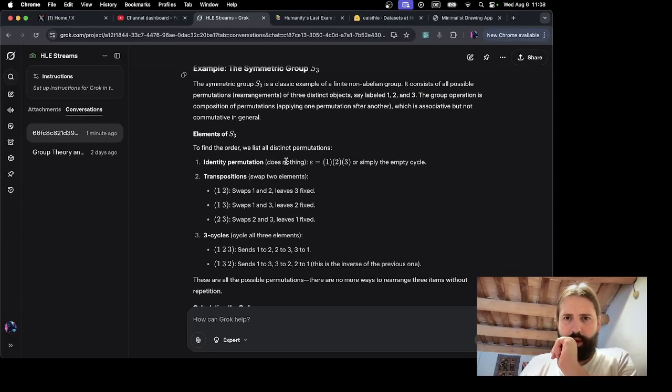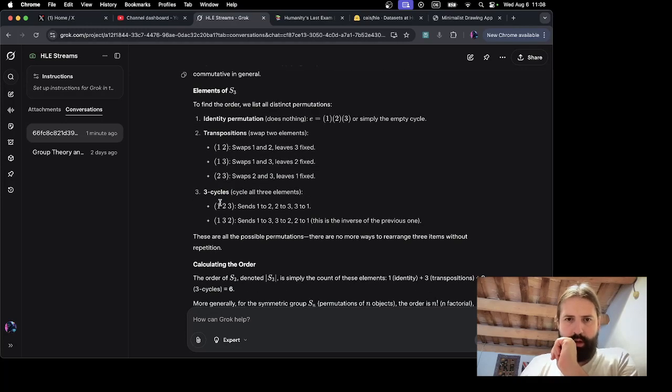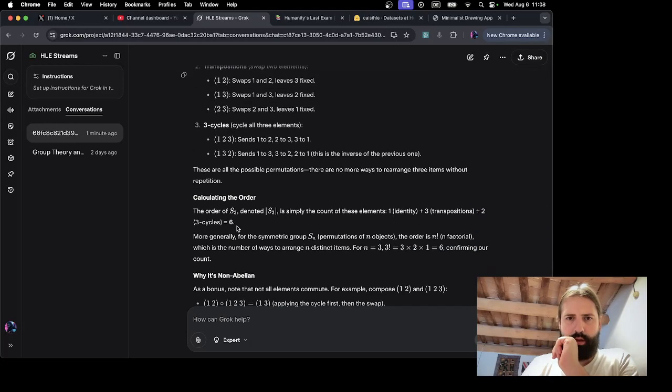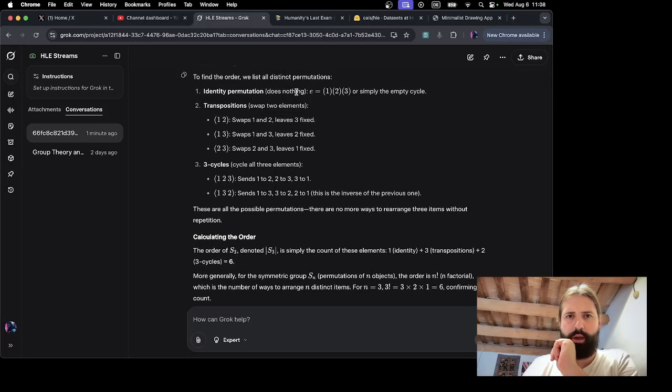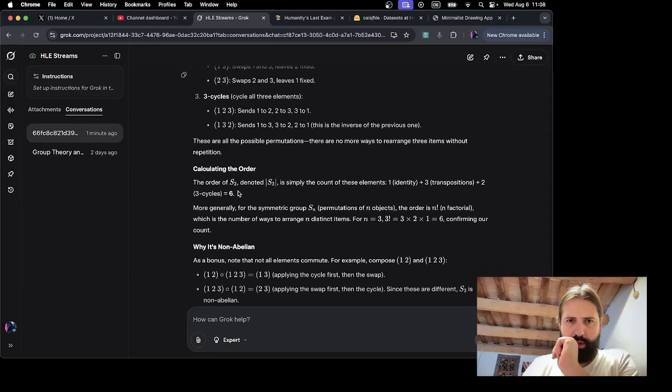There's the identity. Then transpositions swap two elements: one swaps 1 and 2 and leaves 3 fixed, another swaps 1 and 3 and leaves 2 fixed. To find the order, we list all the distinct permutations. Then the 3-cycles. So it's 5, I guess, plus probably the identity, which means the order is 6.